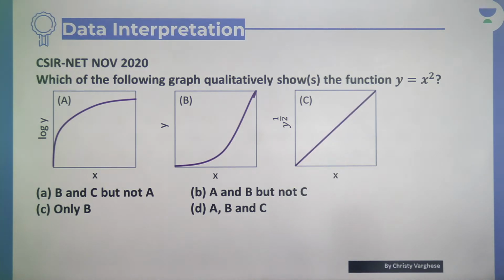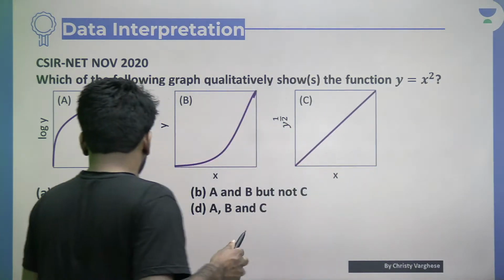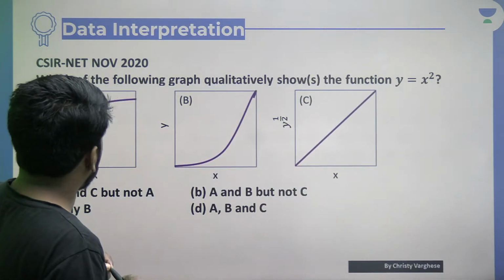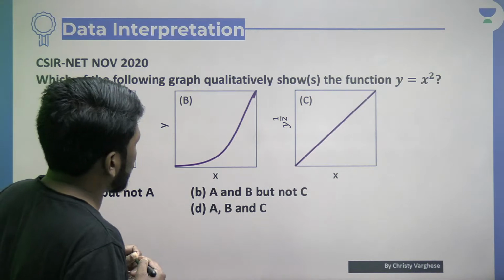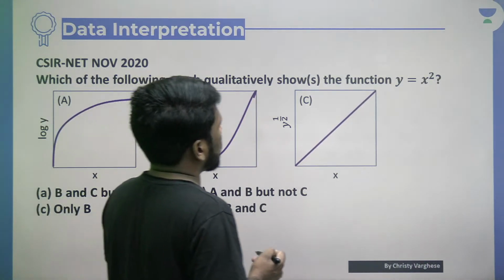Okay, so I'll explain. Most of you got option C, but it is wrong. Let's see which of the following graph quantitatively shows y is equal to x square. Y is equal to x square.